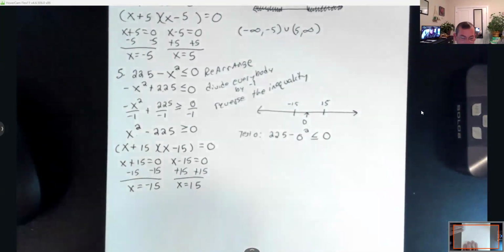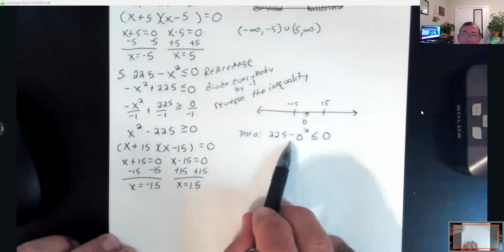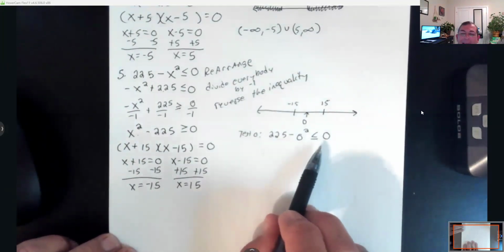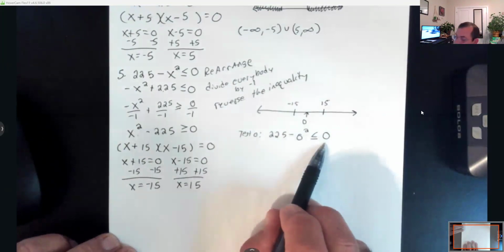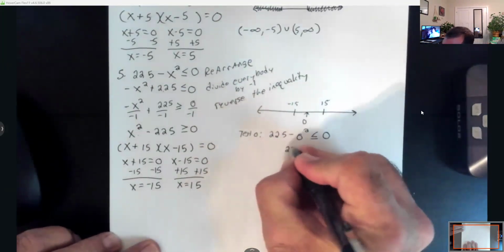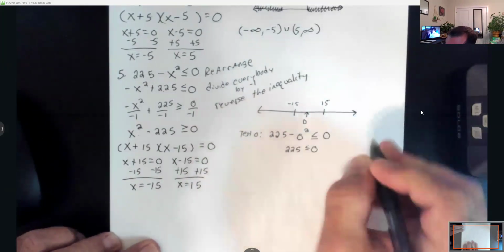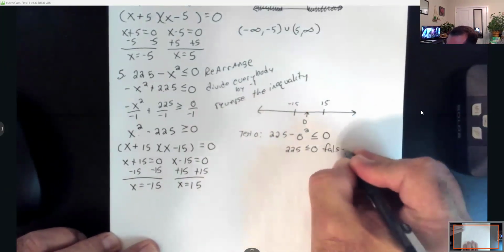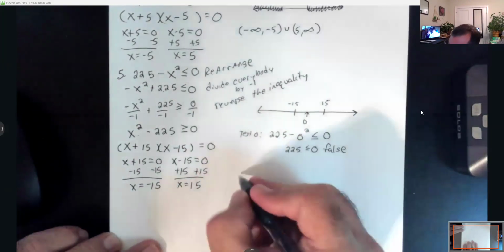True or false? So is this one true or false, y'all? 225 minus 0, is that less than or equal to 0? False. Good job. Because y'all, this would be 225 less than or equal to 0? So that's false.